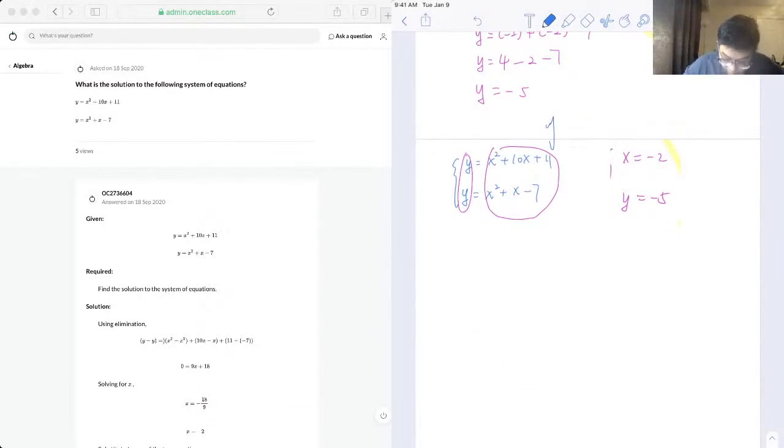Now we can substitute x is equal to -2 and y is equal to -5 back into the equations to see if the left hand side is equal to the right hand side or not.